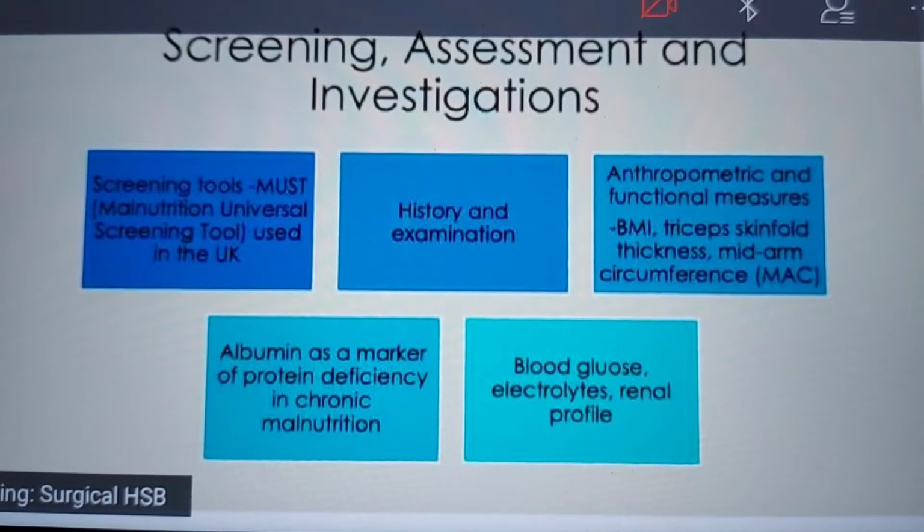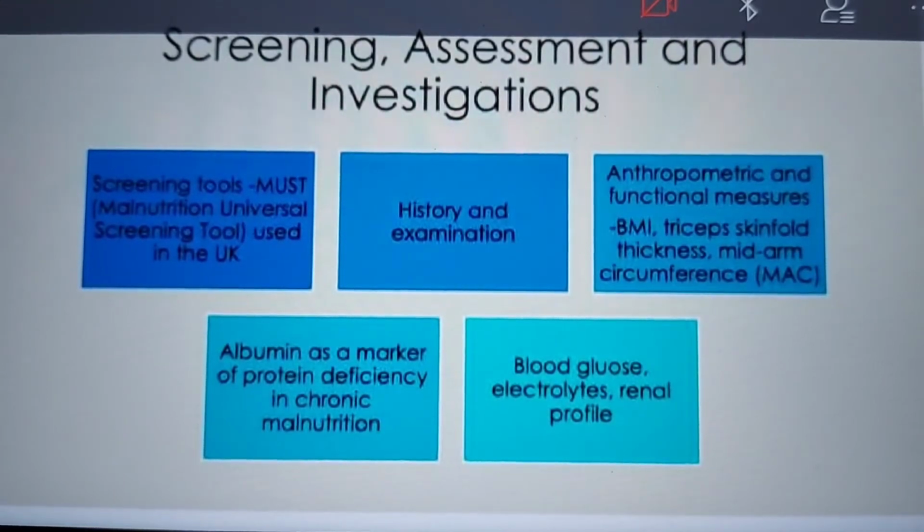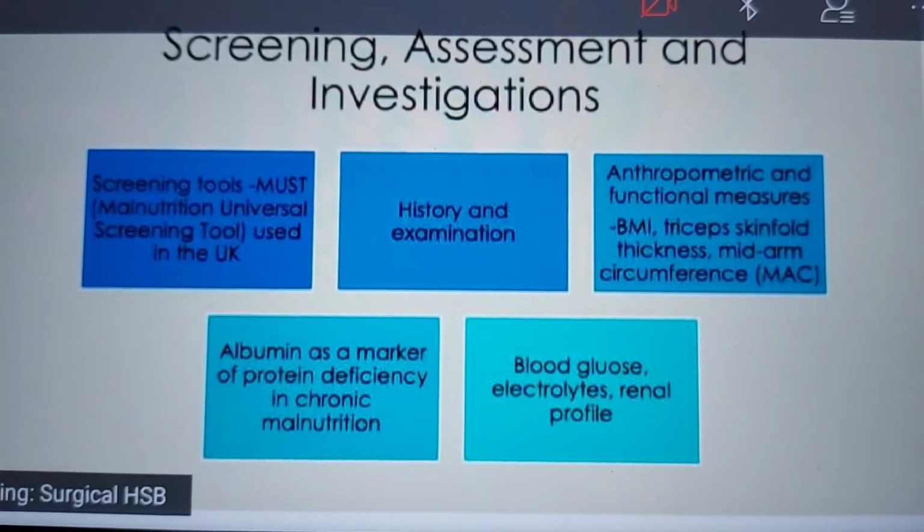In terms of anthropometric and functional measures, we look into the BMI, triceps skin fold thickness, and mid-arm circumference. However, anthropometry requires a trained practitioner. In terms of investigation, usually albumin is used as a marker of protein deficiency in chronic malnutrition. Next, we have to take the blood glucose, electrolyte, and renal profile, especially in terms of initiating parenteral nutrition, which we will discuss after this.